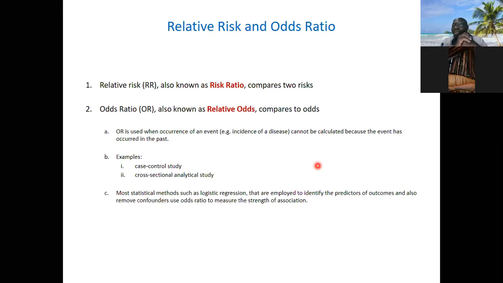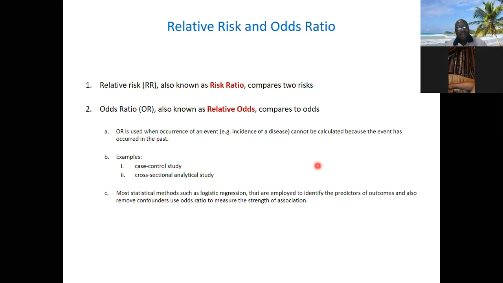In that situation, it's difficult for you to say that you are calculating risk, so you calculate odds. So you do an odds ratio. The same applies in a case control, where the event has already occurred, so you only calculate odds.